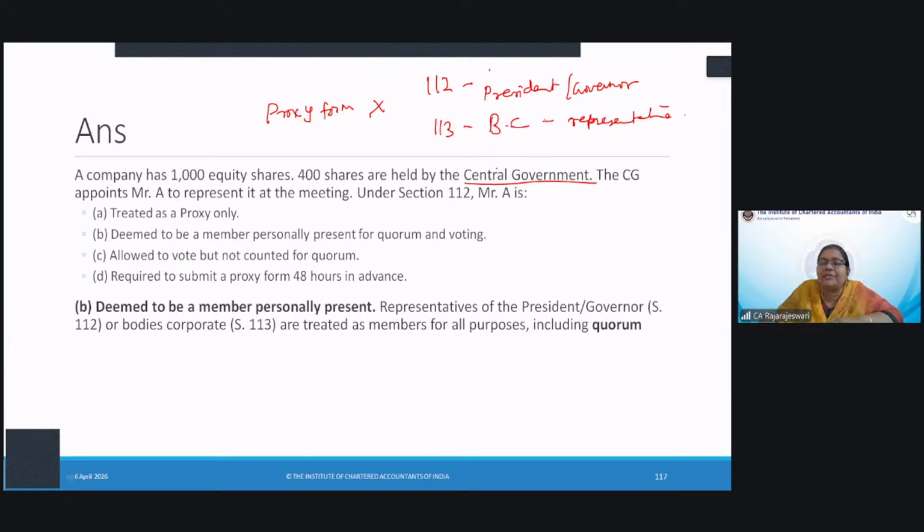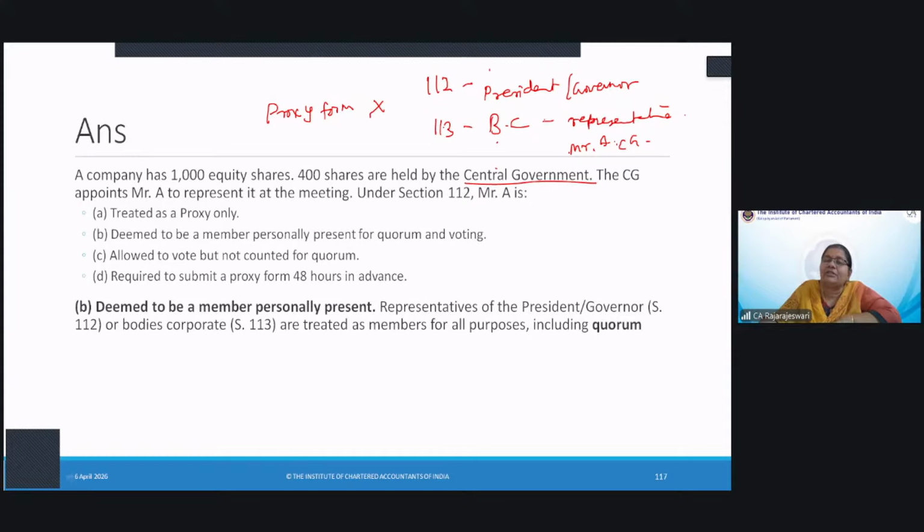So it is held by central government. In this case, 400 shares are held by central government, not majority, but still the central government is represented by Mr. A. So they have asked Mr. A to represent the central government. So in that case, he is deemed to be a member personally present.